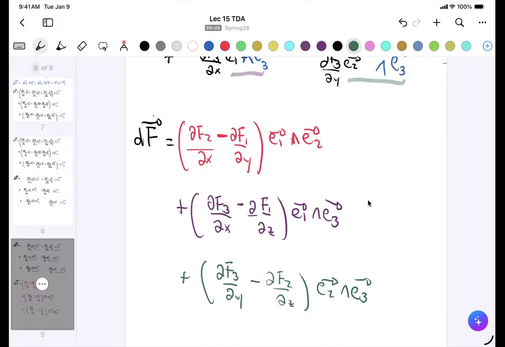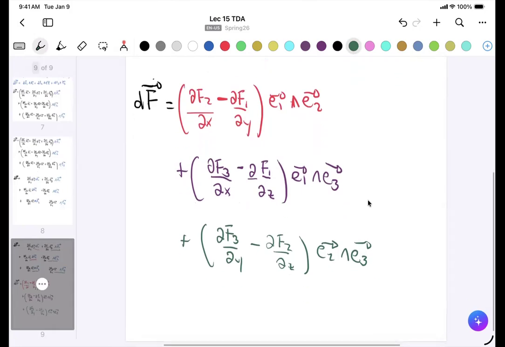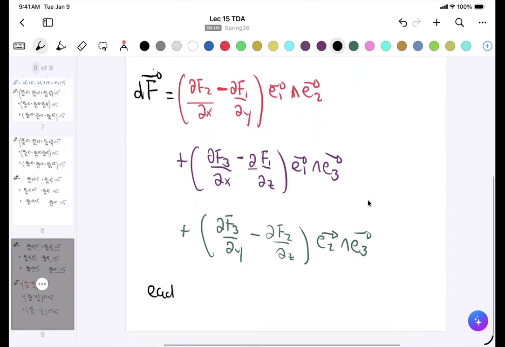So if you apply this formula for the exterior derivative, the curl magically appears. Each of these entries can be identified with one of the entries of the curl of f.